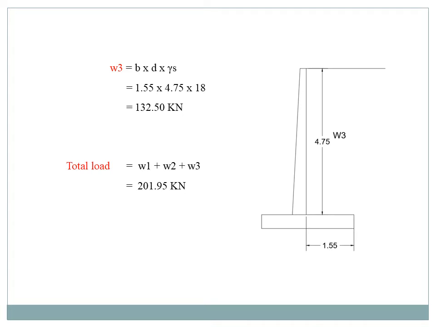Then the W3 portion: B into D into gamma S. See the diagram. Above the heel slab, the soil portion is there. We can assume this as a rectangular portion, so the simple area formula is B into D. Then put the gamma S value, because that is a soil portion.